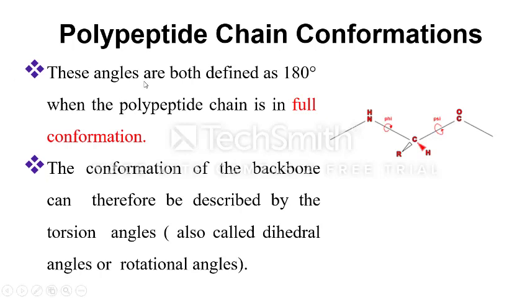So these angles are both defined as 180 degrees when the polypeptide chain is in full extended conformation. So here you see this is the phi rotation and this is the psi rotation. Between carbonyl and alpha carbon it is psi, and between alpha carbon and nitrogen it is phi.